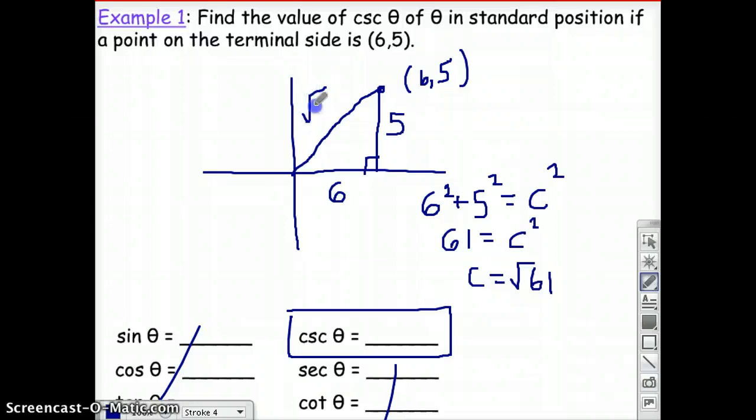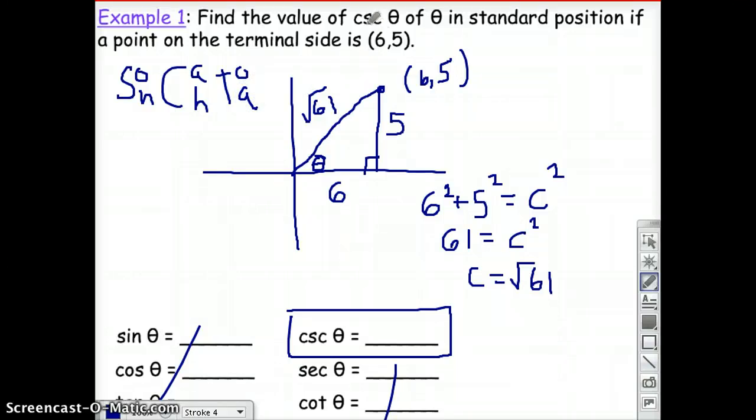So it's root 61. Now remember, your reference angle, your theta, always connects to the x-axis, so I want to draw that in. Now they want me to find the cosecant of theta, so I know SOHCAHTOA, I know what sine, cosine, and tangent ratios are, but I don't know the reciprocal ratios, but I can figure it out.